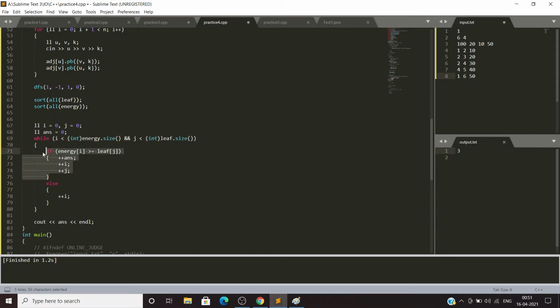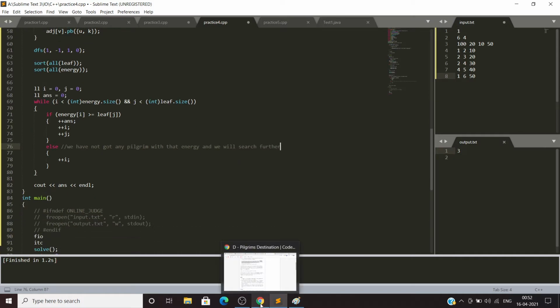If energy of i is greater than the leaf of j, it means that we have got a pilgrim for the leaf to visit with that energy, and we will do plus plus i and plus plus j, or else we have not got that energy, and we will search further. So this is the complete answer.